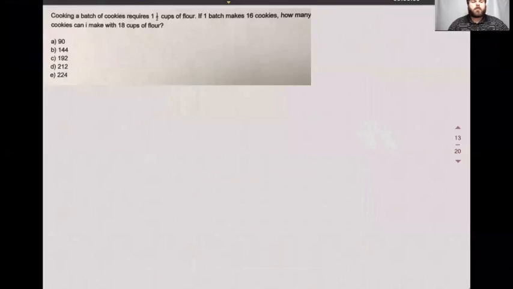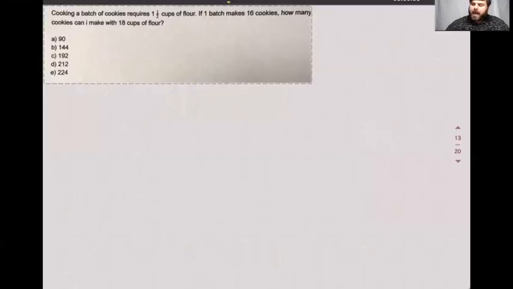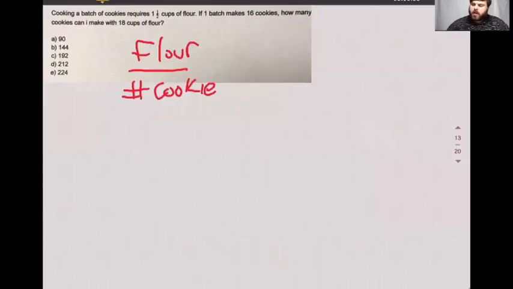All right, cooking a batch of cookies requires 1.5 cups of flour. If one batch makes 16 cookies, how many cookies can I make with 18 cups of flour? Okay, so this is definitely a recipe problem that involves proportions. So we can look at the ratio between flour and the number of cookies. Okay.